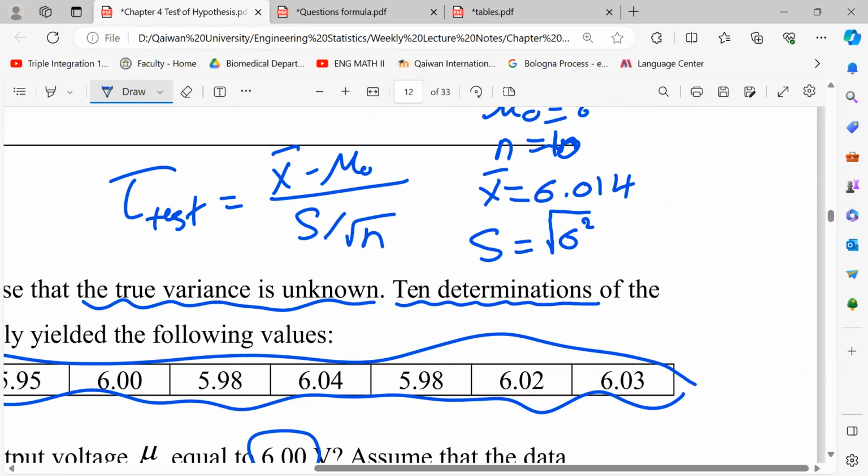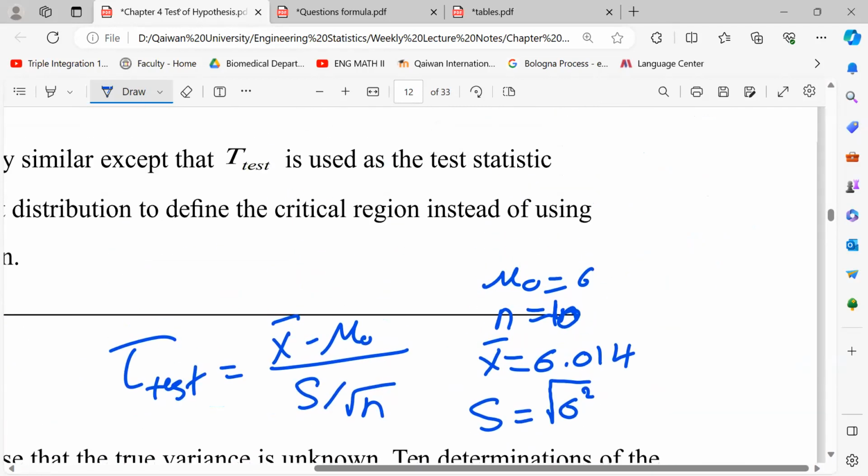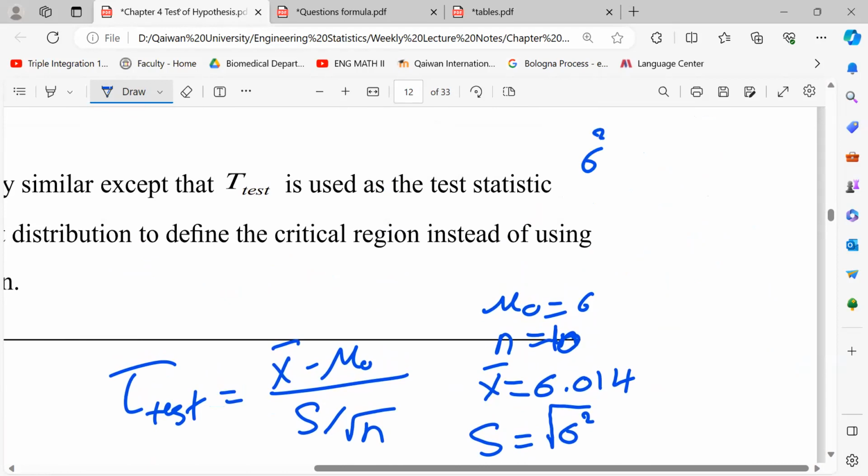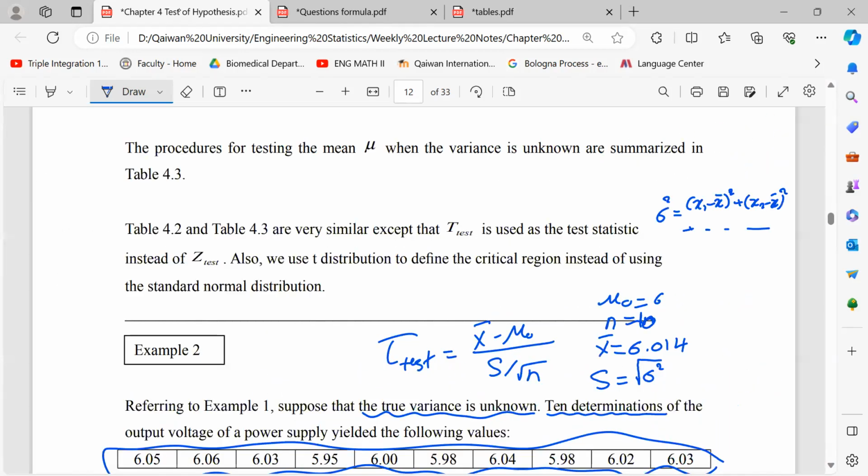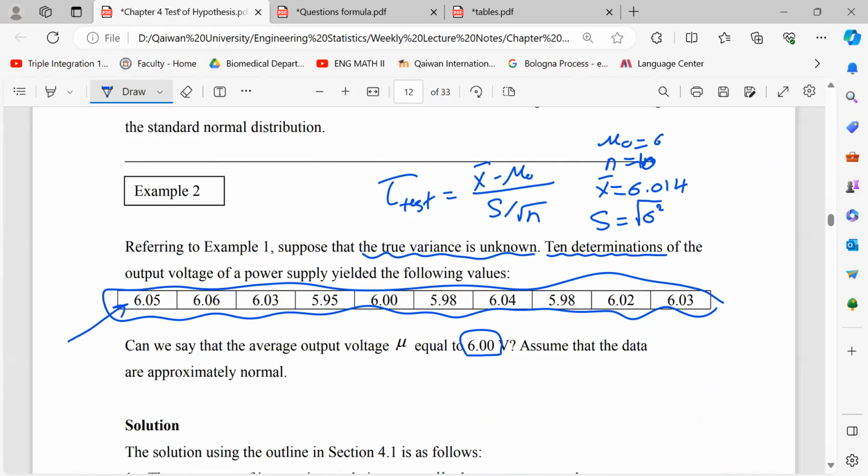We say s is, let me write down sigma squared. Sigma squared is x1 minus x bar squared plus x2 minus x bar squared plus so on. What are x1 and x2? This is x1.